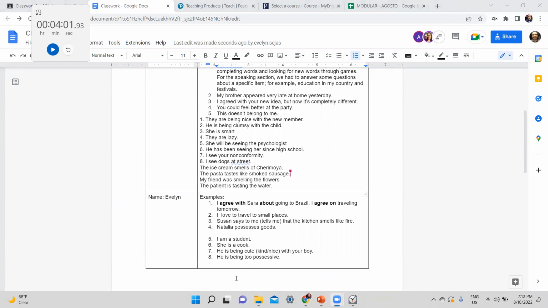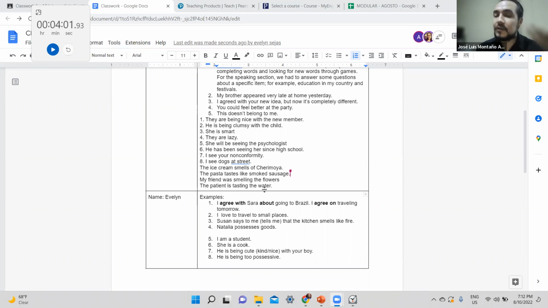Okay, teacher. The ice cream smells of cherimoya. The pasta tastes like smoked sausage. My friend was smelling the flowers. The patient is testing the water. All right, thank you, Astrid. I think it's great. Again, the main idea: you have objects, the ice cream, the pasta.